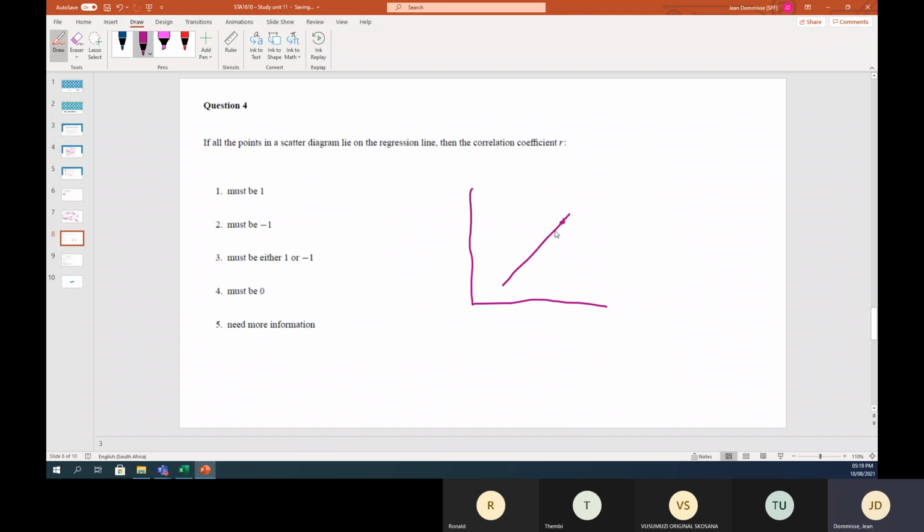If all the points lie on that line, what would that correlation coefficient be? That is quite interesting. What would you guys have said it will be?